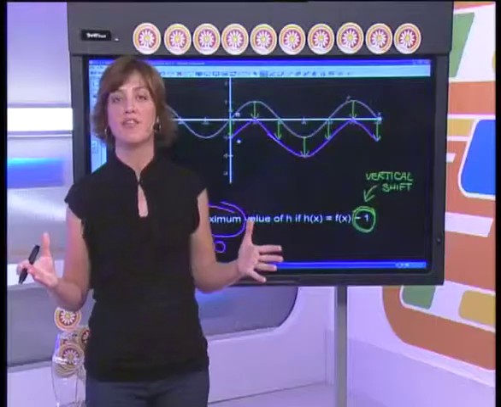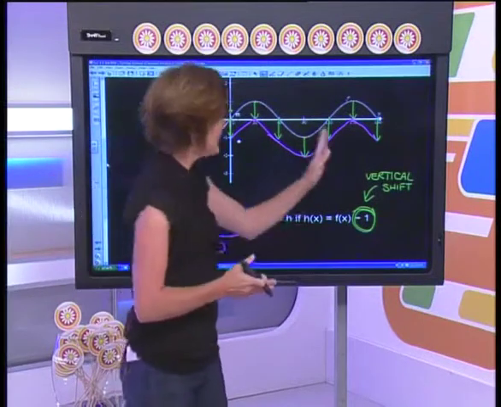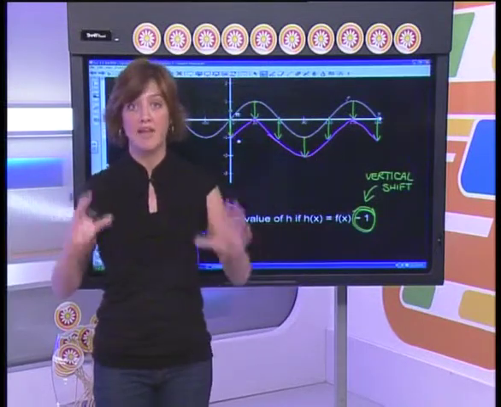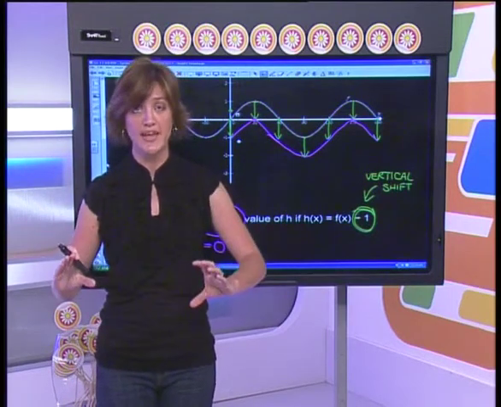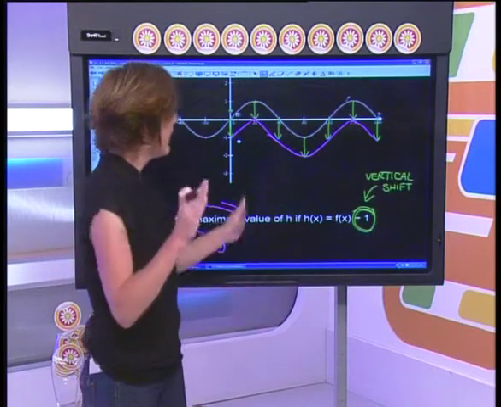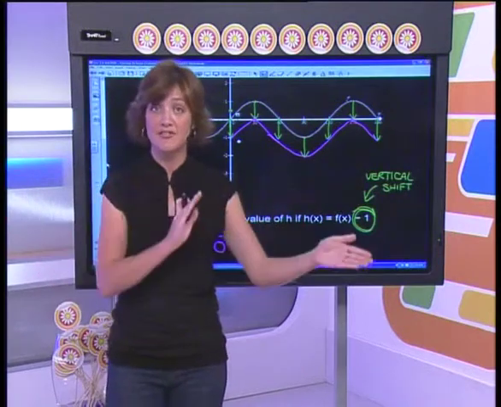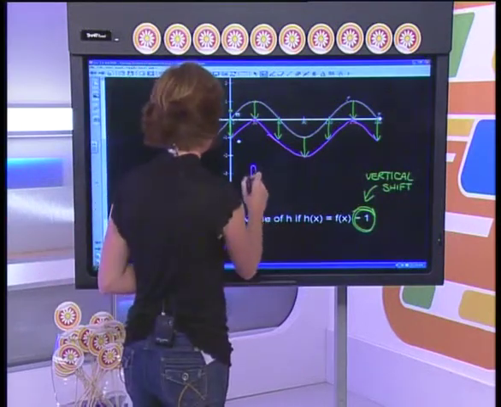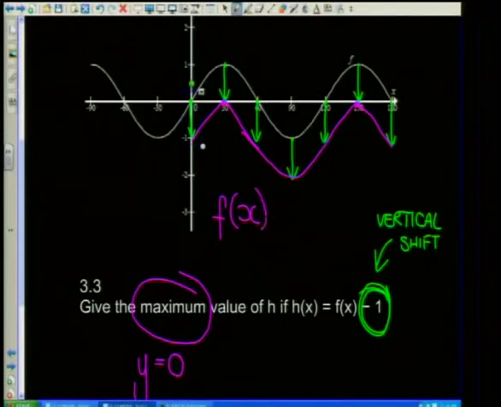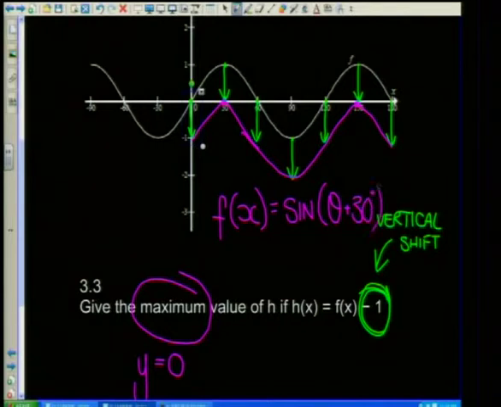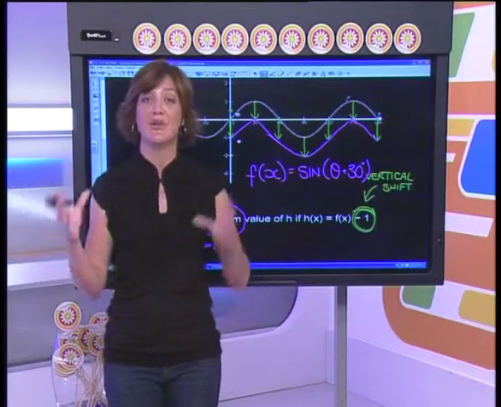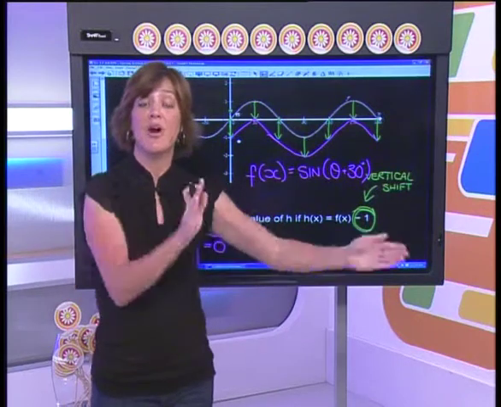Your vertical shifts are the ones where if it says -1, it means -1. We move all the points down 1 unit, okay? However, if it's a horizontal shift, let me quickly throw that in here just so we know. Let's say I've got sine of theta plus 30. As soon as we're adding or subtracting a value onto your angle, that is your horizontal shift.